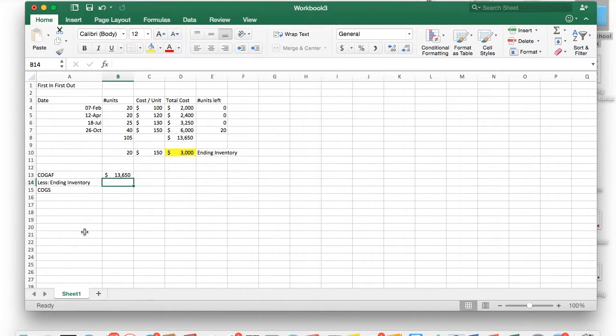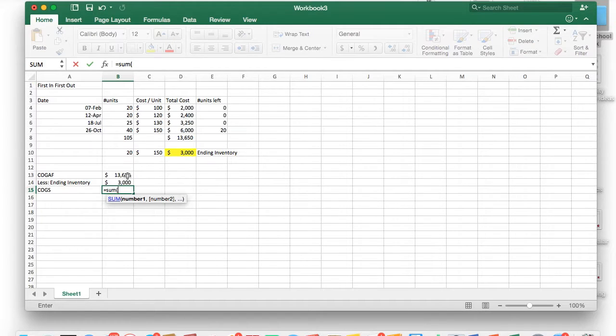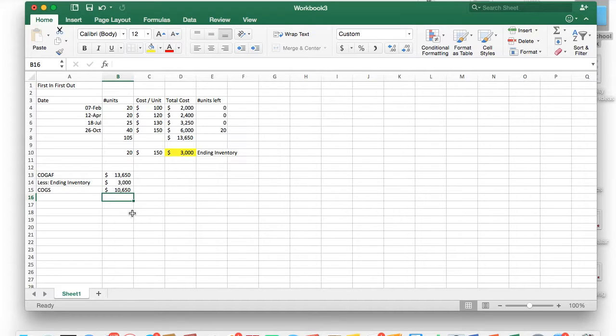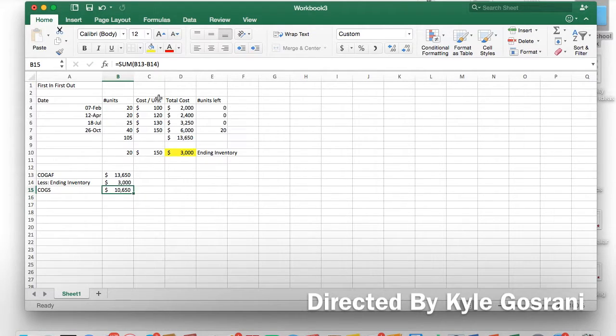Now 13,650 subtracted by $3,000 will give us 10,650, and this should be our cost of goods sold in total. So I'm going to highlight that one as well. There you go.